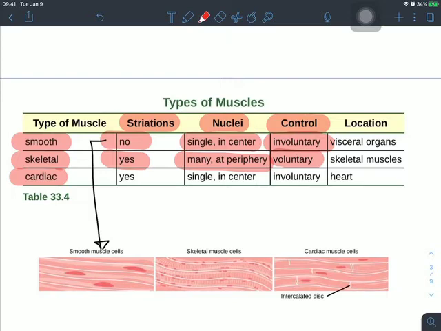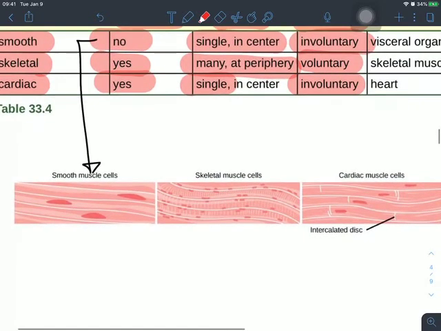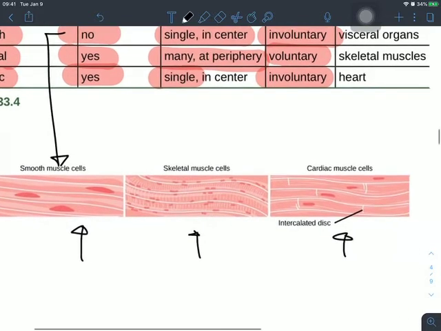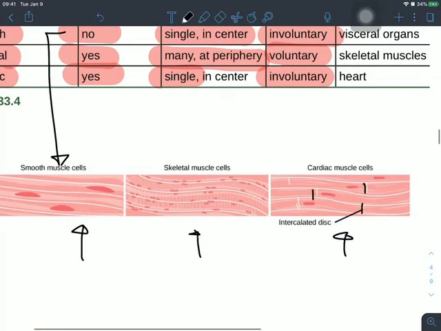Our cardiac muscles are found in our heart, and they are striated and thankfully involuntary, and frequently will have only a single nucleus. So you have these cartoons of what these cells look like with excellent staining. These intercalated discs provide the striations that we see in cardiac muscles.